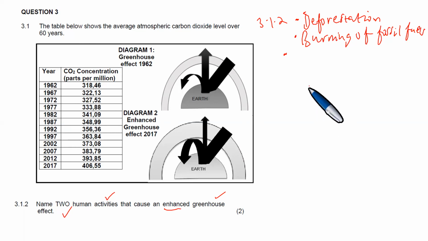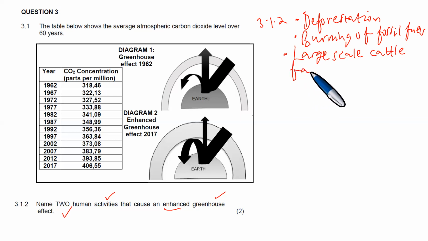There is large scale cattle farming. Some people grow a lot of cattle in the villages and also on farms. So what happens with large scale cattle farming, or the rice paddies?